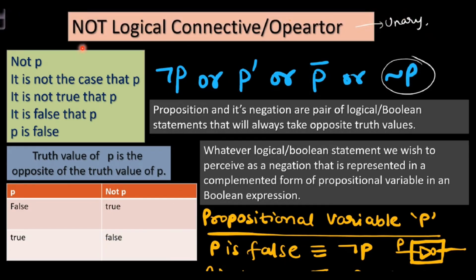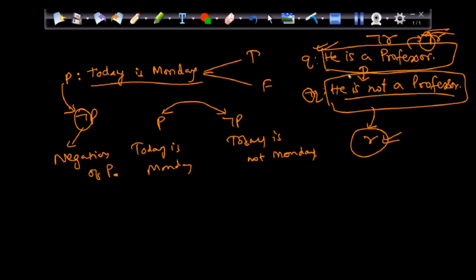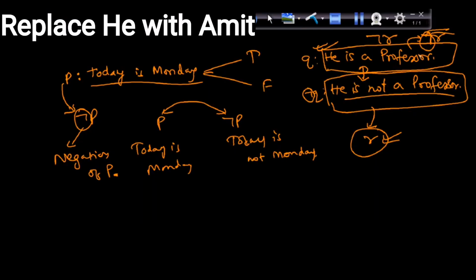Now in every slide on and, or, not, you must have seen that there are different ways in the English language to represent these. In the case of not, I represent it as not P. For example, if he is a professor is Q, then how would I say not of Q?